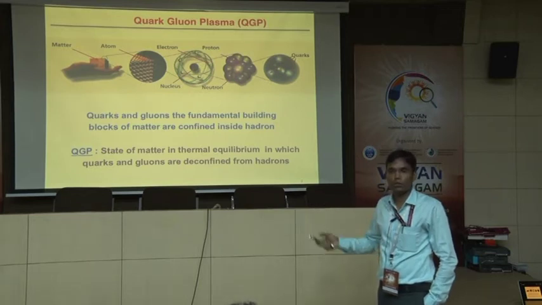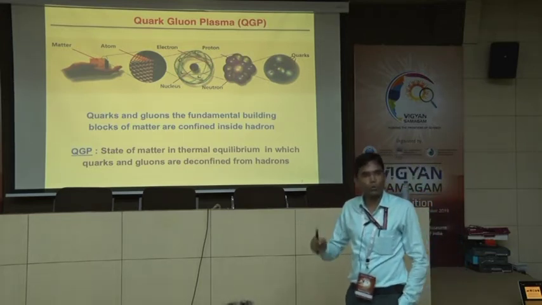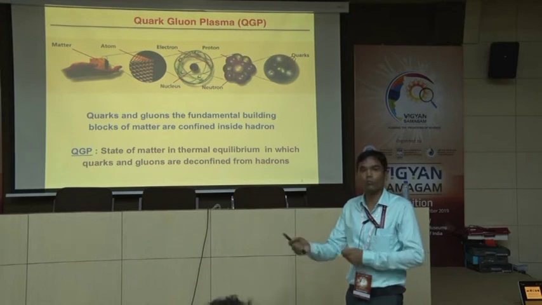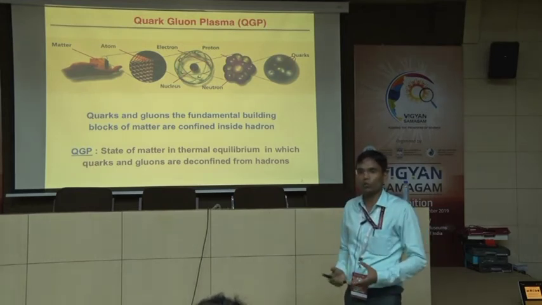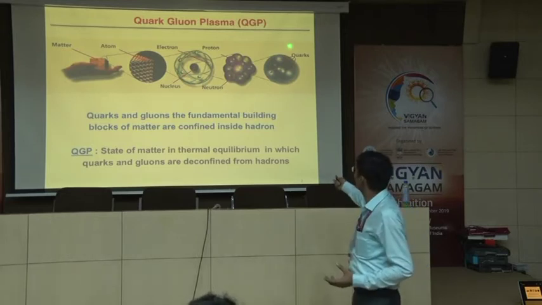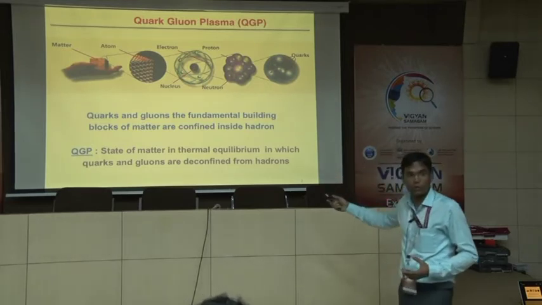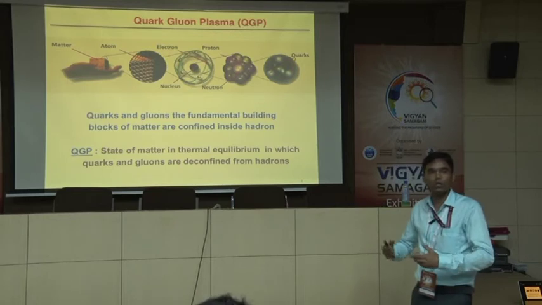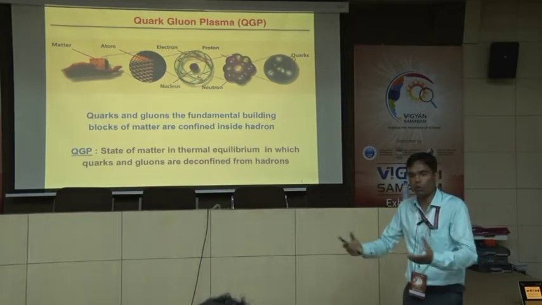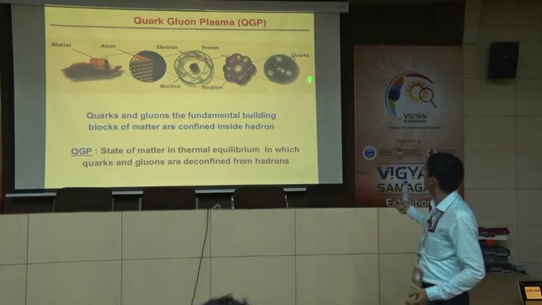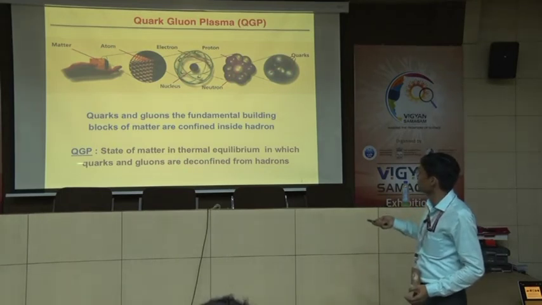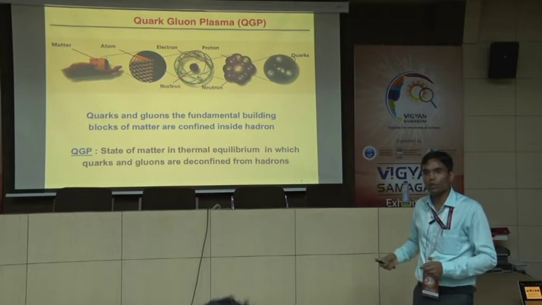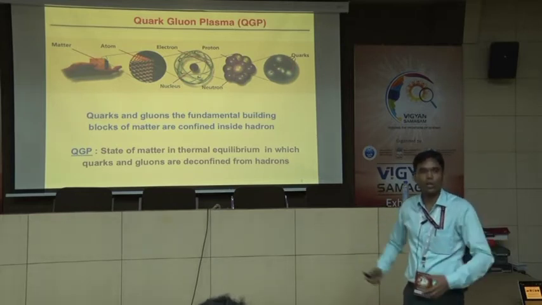So this is a state of matter where quarks and gluons are freely moving in a volume larger than the hadronic volume, because inside the hadron they are confined, right? Inside the hadron they are stuck there, but in this state of matter they are freely moving in a volume larger than the hadronic volume.